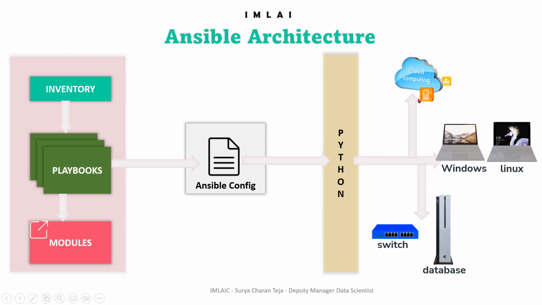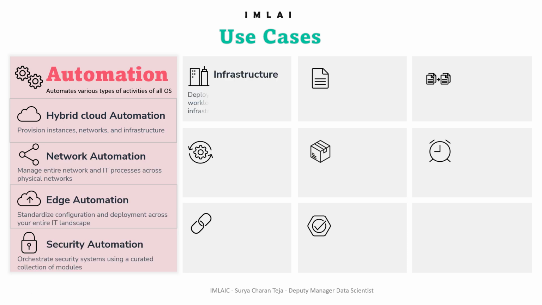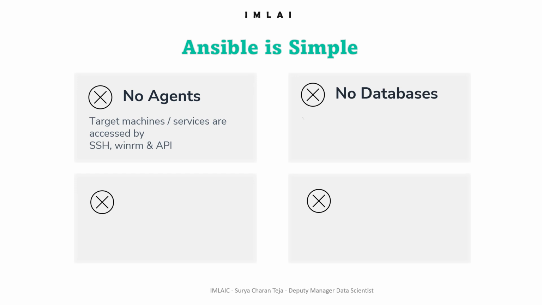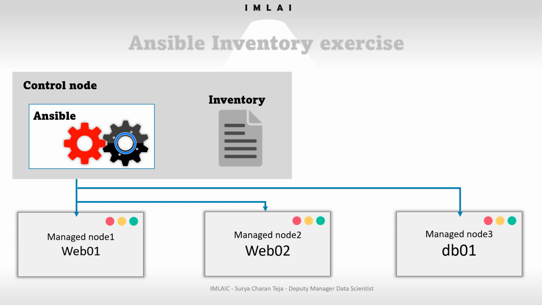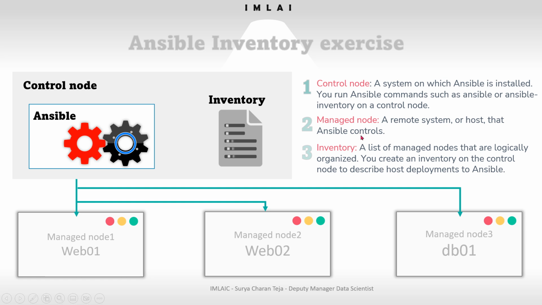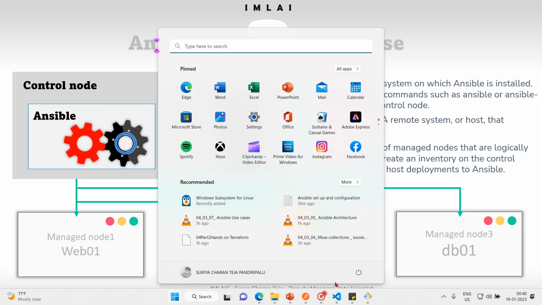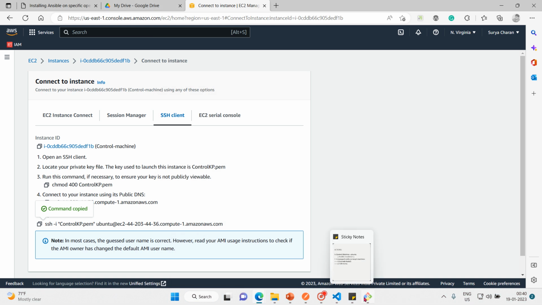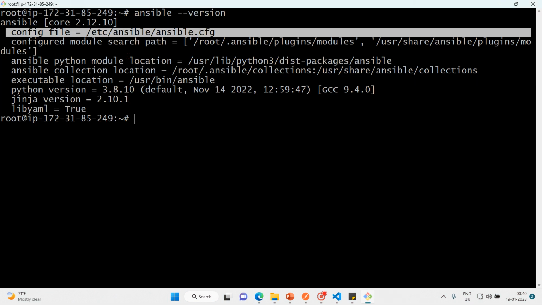It has a lot of settings, so if you want to do any changes, that's the place where you have to go. So this is the etc ansible, the ansible.cfg file.